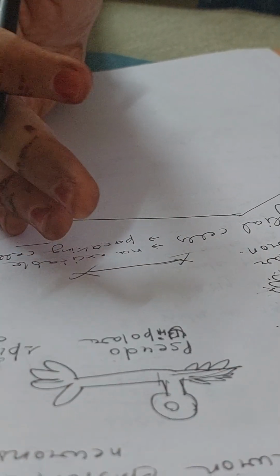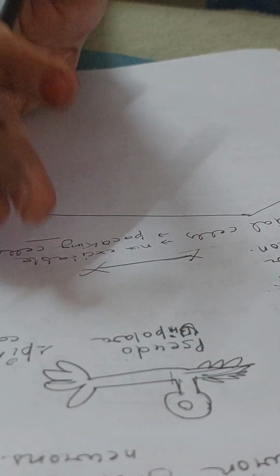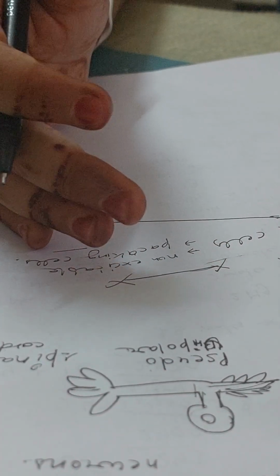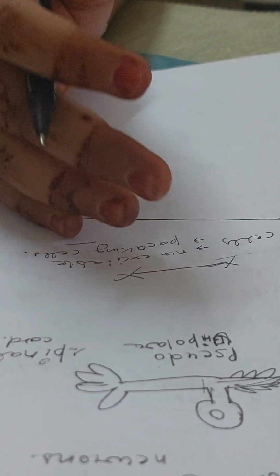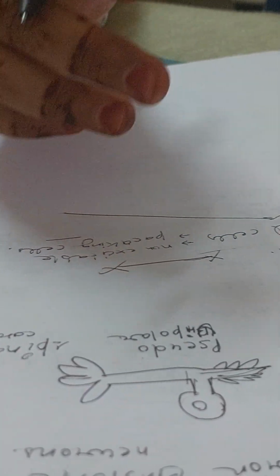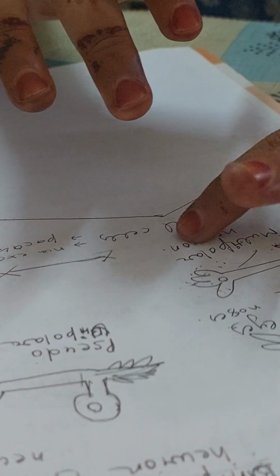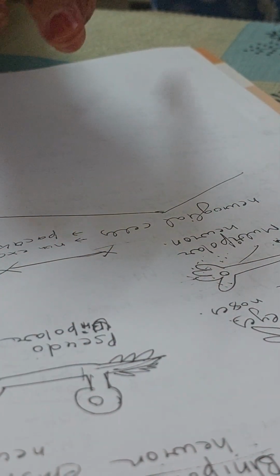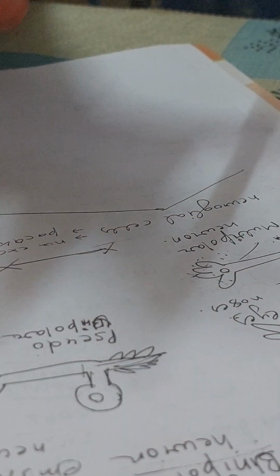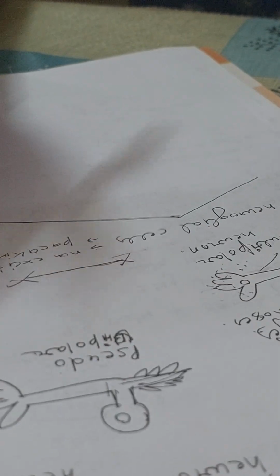Because in nervous tissue there are two types of cell, neuron and neuroglial cell, and neuroglial cells pack the neurons in their specific location. So they are packaging cells.